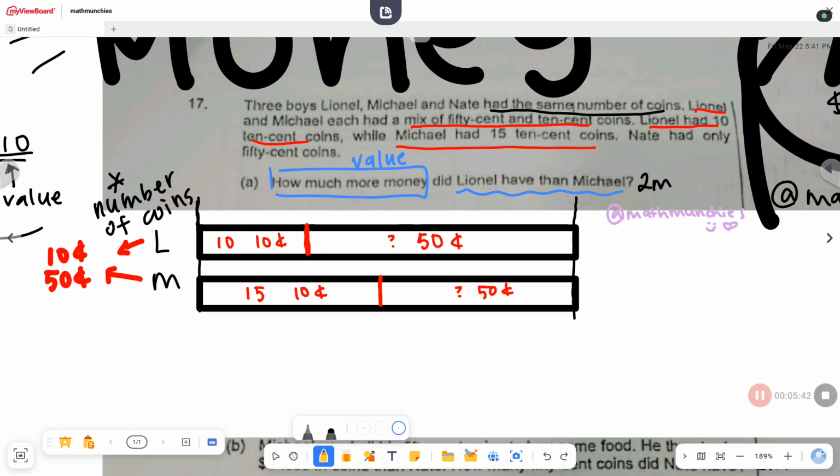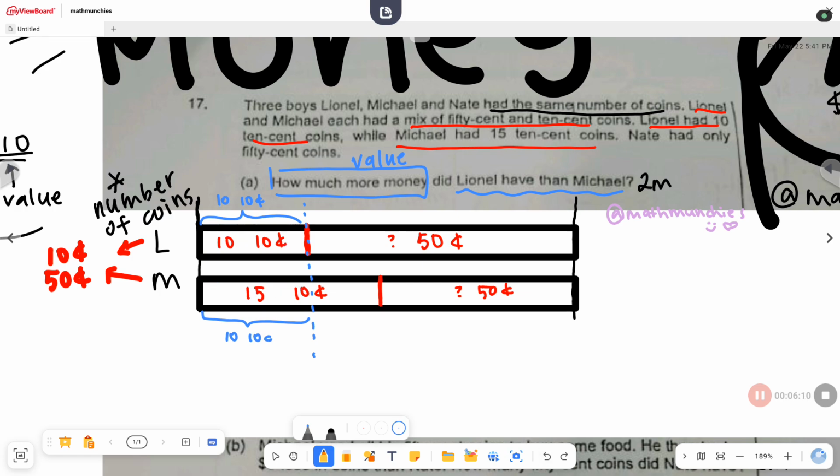The whole idea is, in your model drawing, this part that I dotted, if this is 10 cent coins, it means I know that here is also 10 cent coins. Agree or not? Because in the model, this part here and this part here is the same. You understand this logic first?